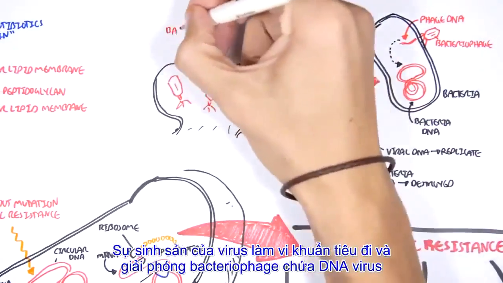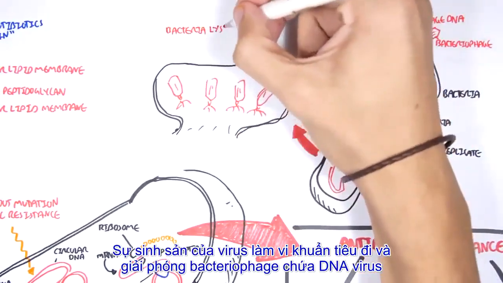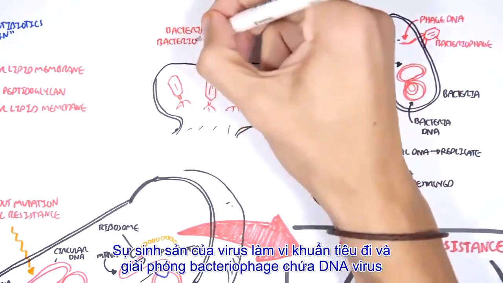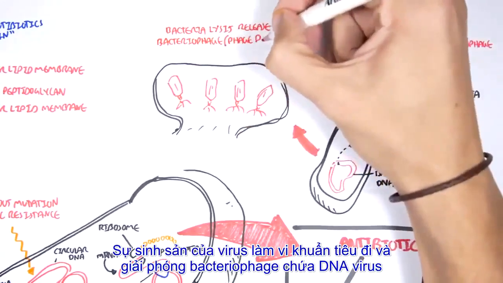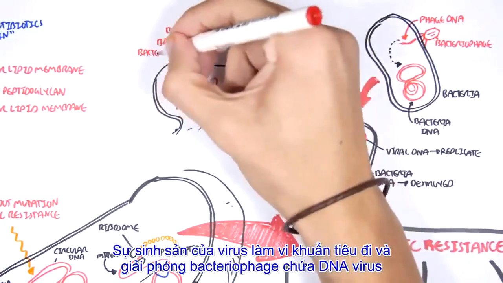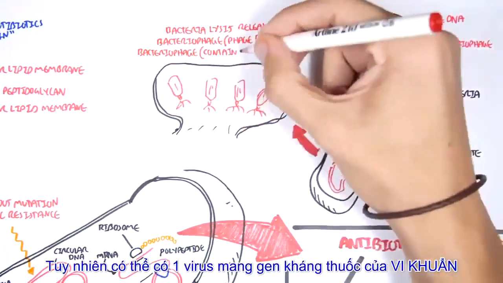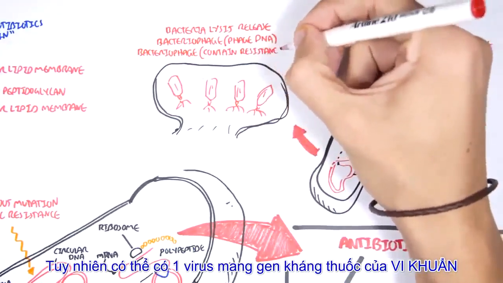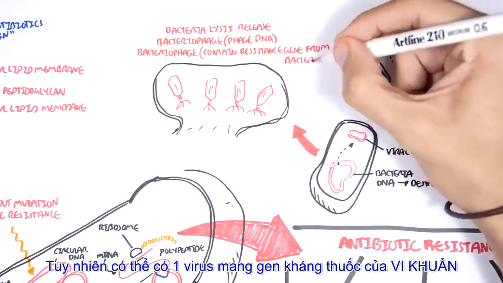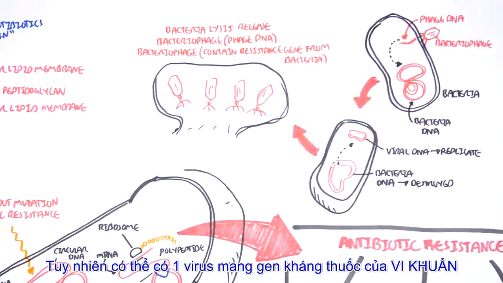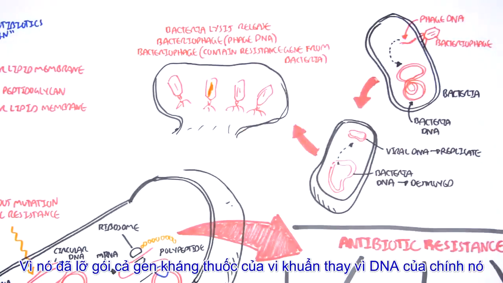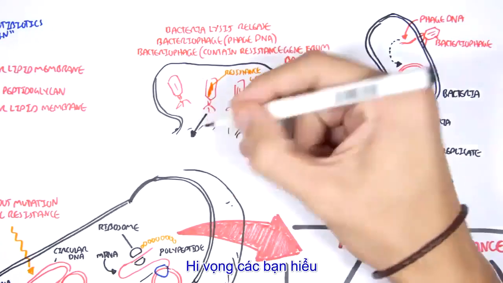The viral replication will cause the bacteria to lyse, releasing the virus, the bacteriophages containing the phage DNA out. However, there can be a bacteriophage that will actually contain a resistant gene from the bacteria because it accidentally packed the resistant gene of the bacteria instead of its own viral DNA. I hope that makes sense.